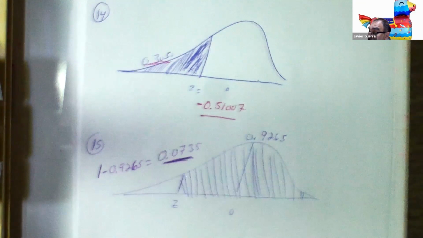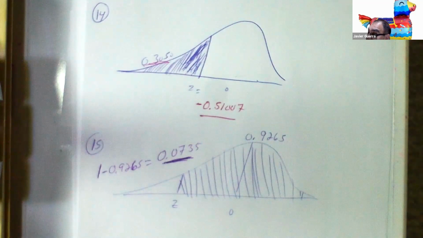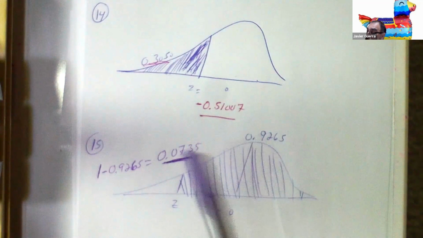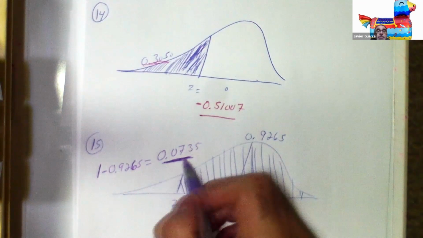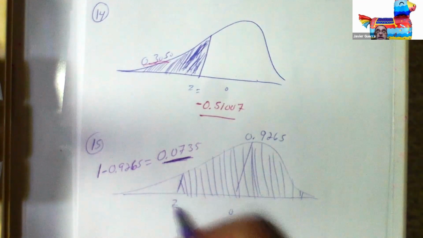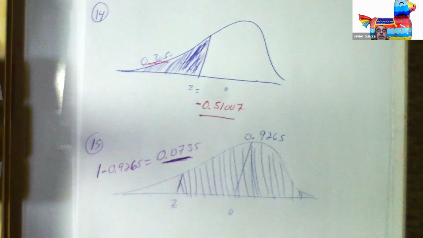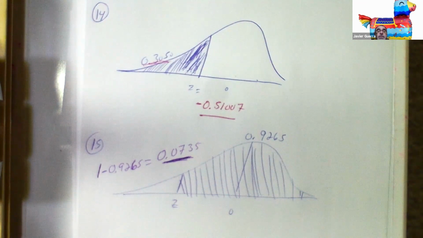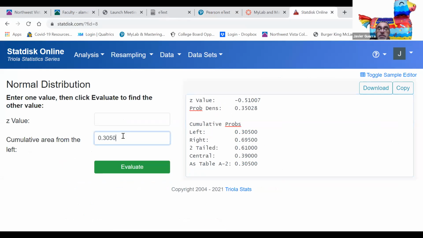This is the right side. I need the left side. So this is the number that you're going to enter to find this number. So let's put it in. 0.0735.